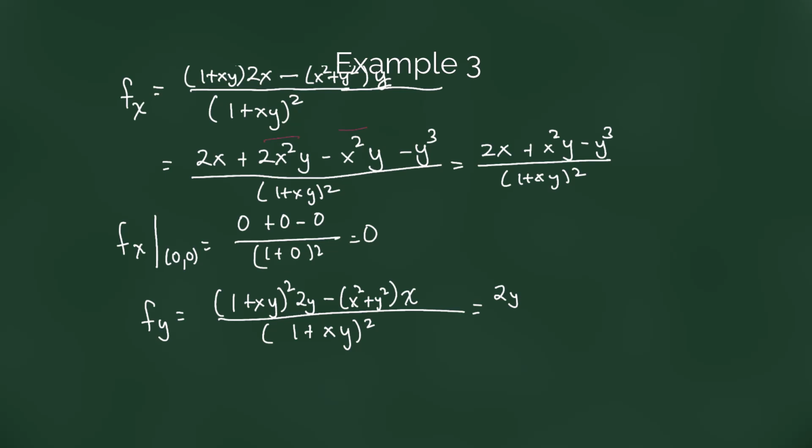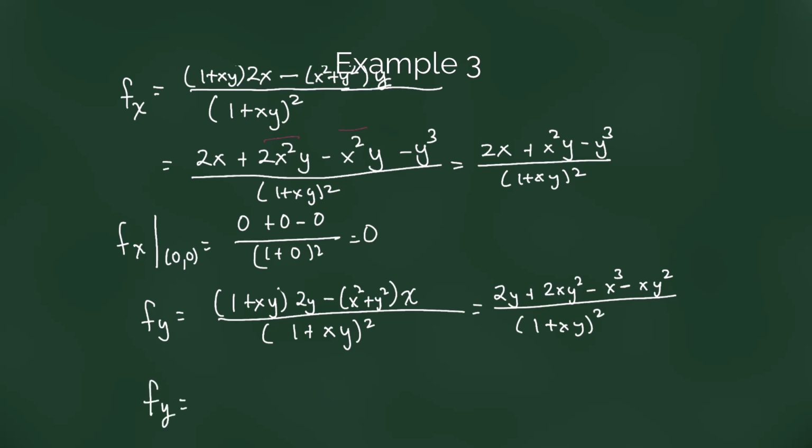I don't know why I squared this up here. That is incorrect. It's just the denominator, not the denominator squared. 2y plus 2xy squared minus x cubed plus xy squared. Nope, minus. All over 1 plus xy squared.